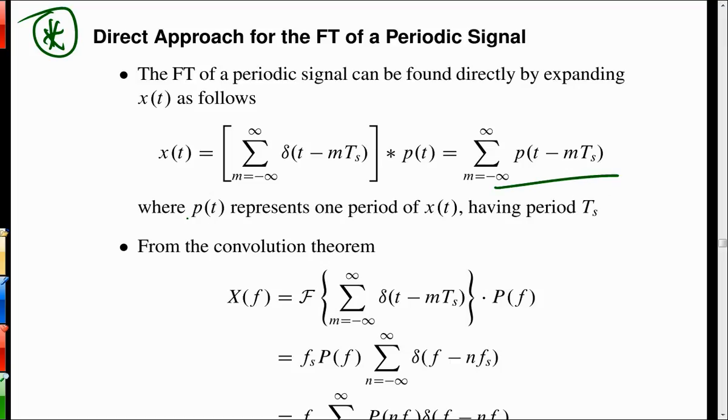So p of t represents one period of x of t, and you just take the periods and replicate them with time offsets of the period, and you create the complete waveform. You visualize how that would work. One period, slide it over, another one, slide it back, just replicate them all the way across the time axis, and you've generated the waveform. That's what this says right here.